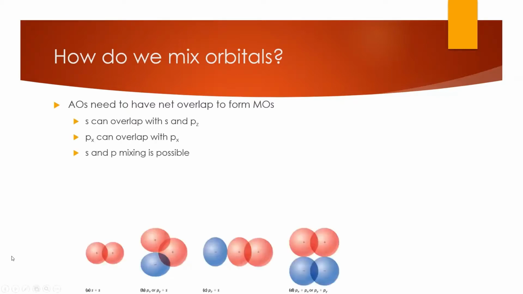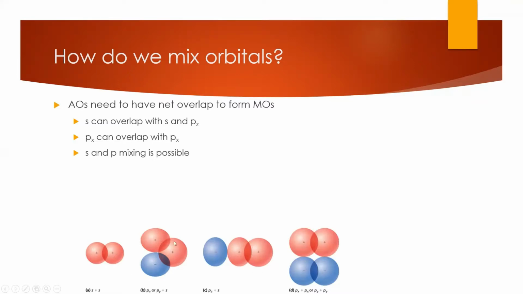So let's go ahead and look down here at this figure. We've talked about how s orbitals overlap, and that's pretty good. But how does an s orbital interact with a px or py orbital? You'll see that if we try to put these together, there is positive overlap here, but negative overlap here, and that's going to cancel out. So there's no net overlap between s orbitals and px or py orbitals that have this pi symmetry.